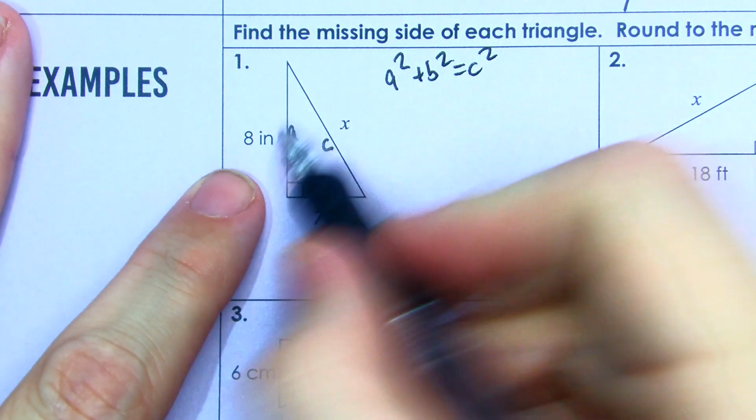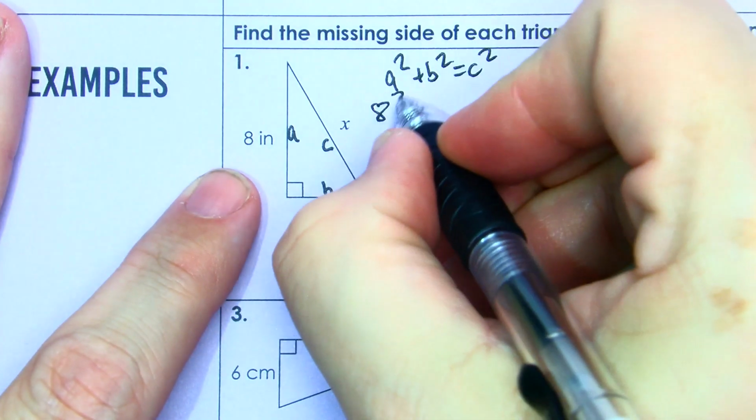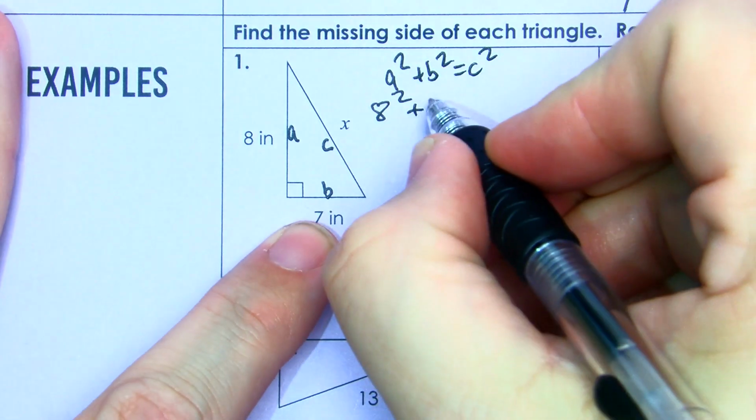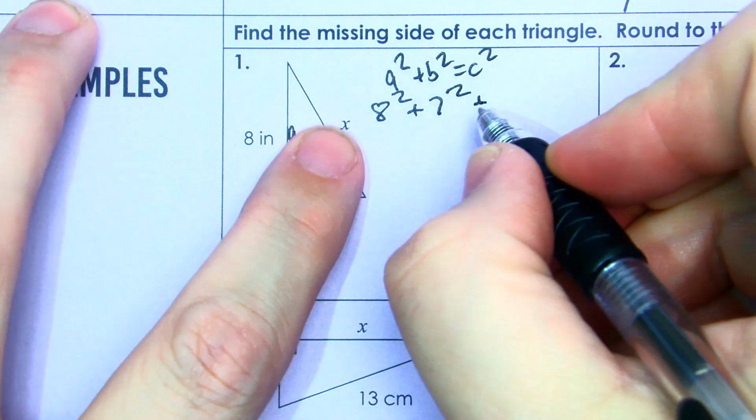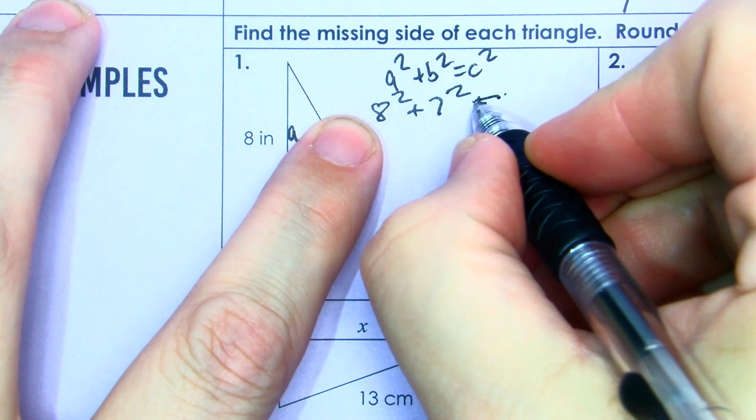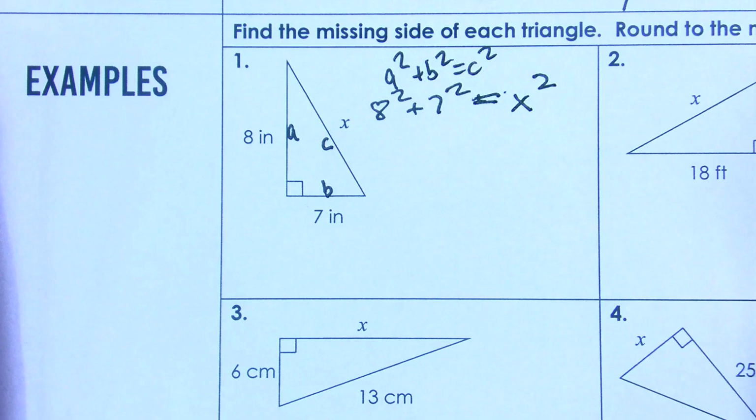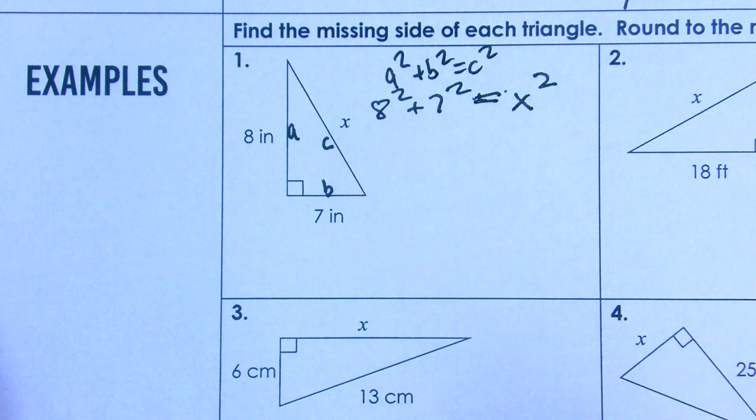So in this case, you'll get 8 squared plus 7 squared equals X squared. Now, a couple different ways you can go about doing this.